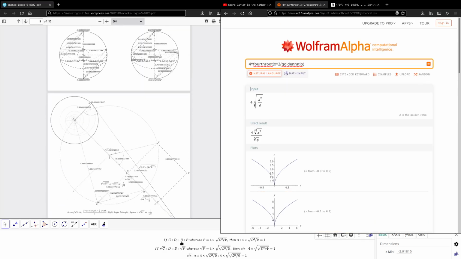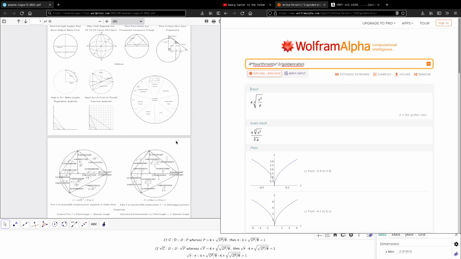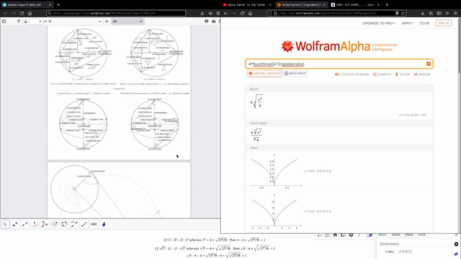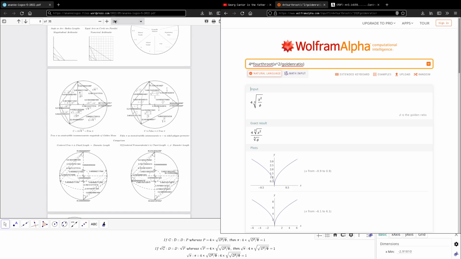So this other d is not the diagonal of the circle, but rather its diameter, because everything is derived from using the diameter in this.